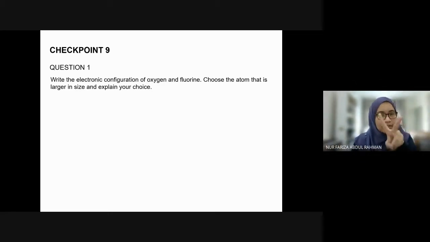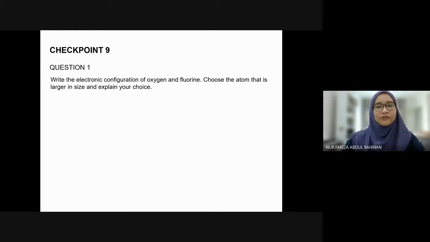So you should know these two factors. Also make sure you are able to determine that across the period, you should highlight the Z effective. Down the group, you should highlight the shielding effect. The increase in N causes the shielding effect to be higher and so on.